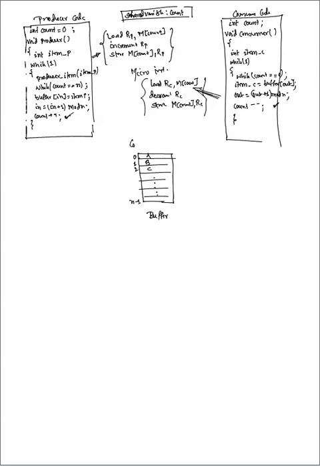So initially the value of count is 3, because 3 data items have been produced by the producer.